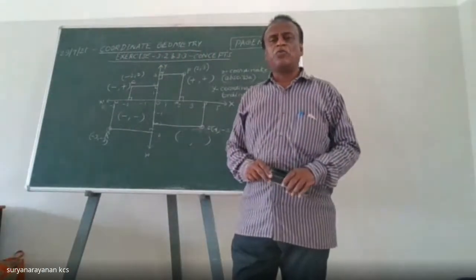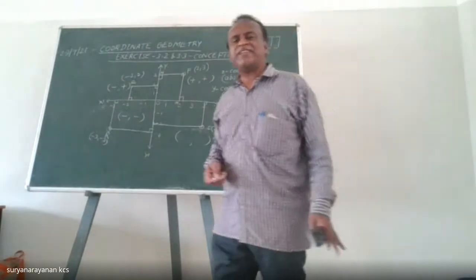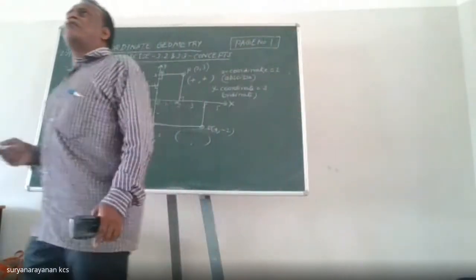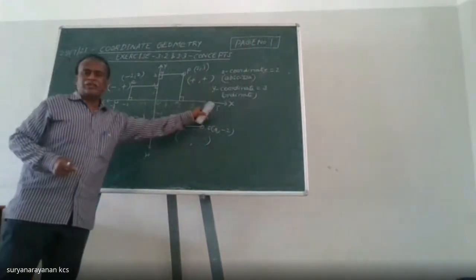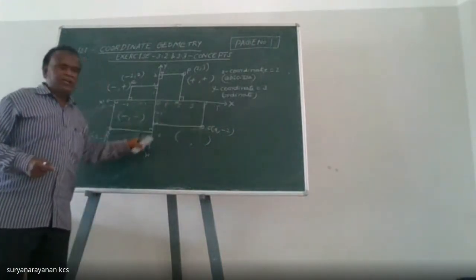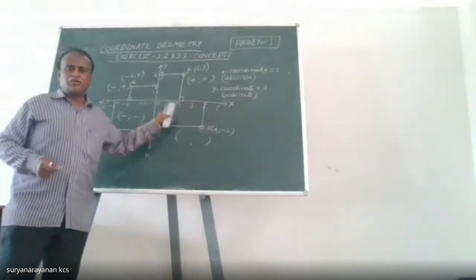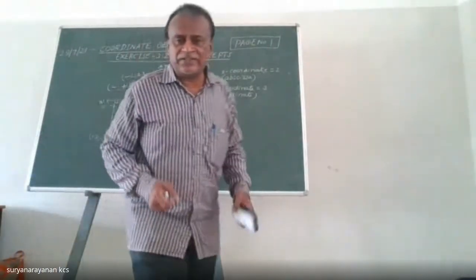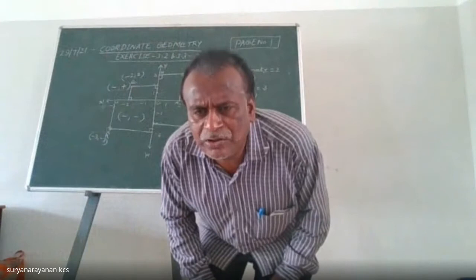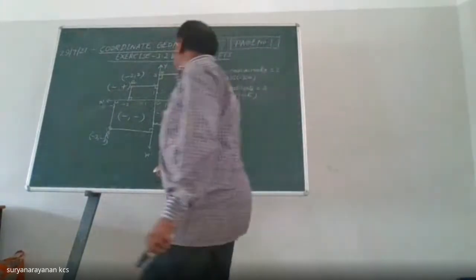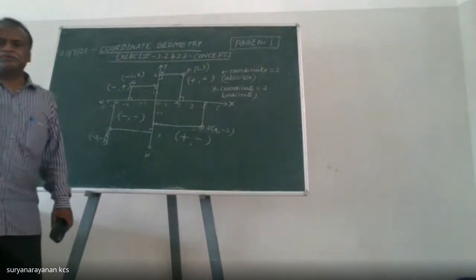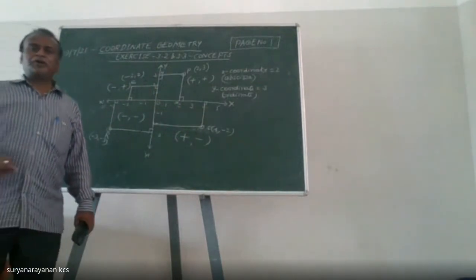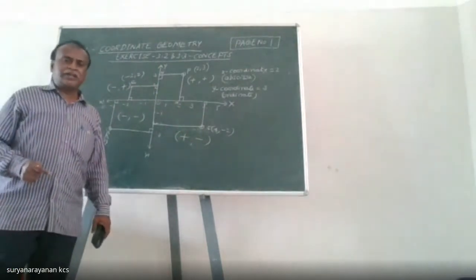Which axes are borders for quadrant 4? Positive x-axis, negative y-axis. Yes or no? Yes, very good, Mahima. The x coordinate is positive and the y coordinate is negative.